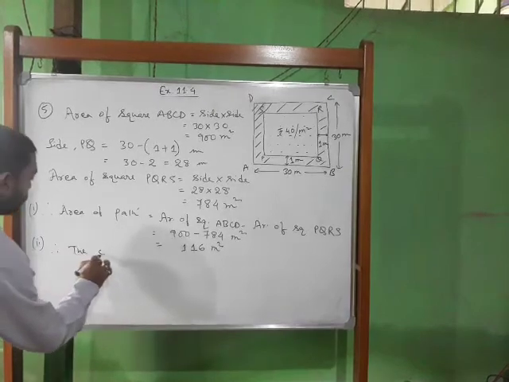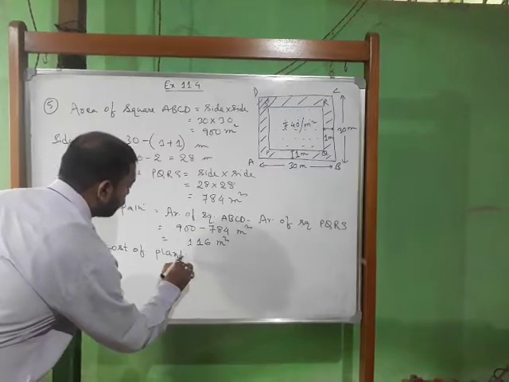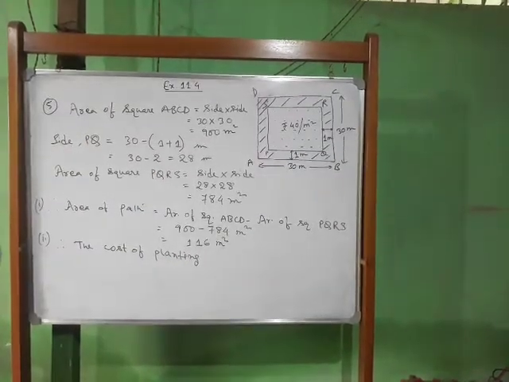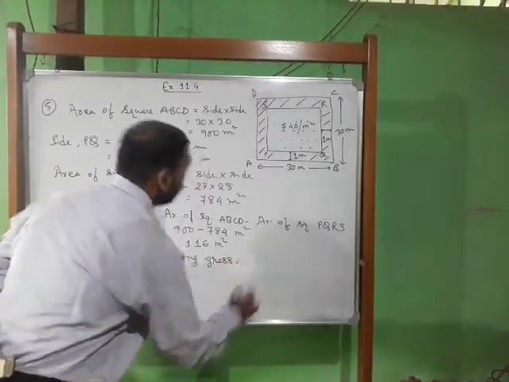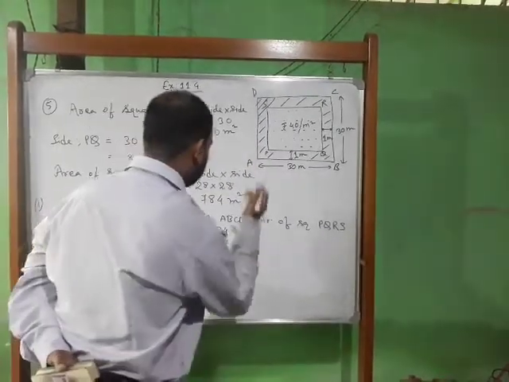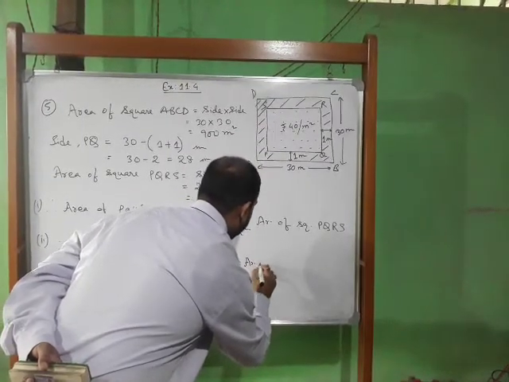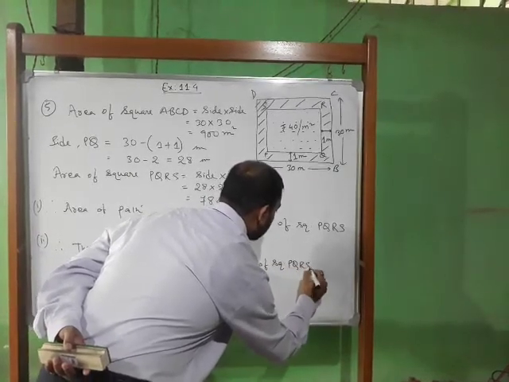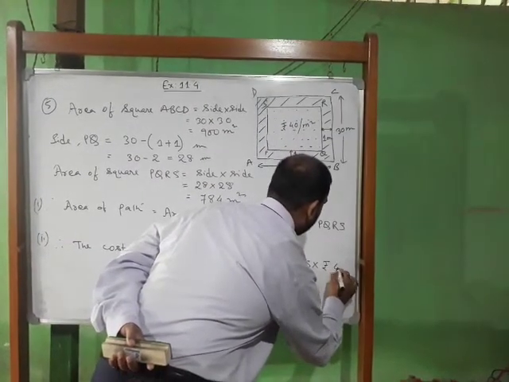Therefore the cost of planting grass is equal to the area of PQRS into 40, that is rupees 40.